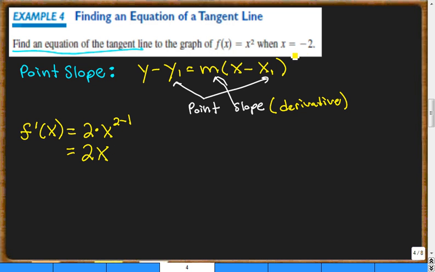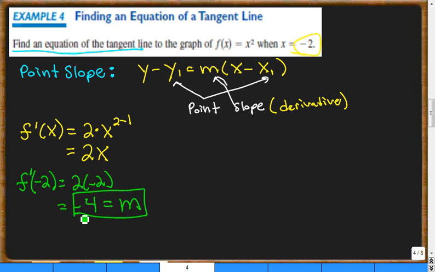So if we plug in negative 2 into here, so we get f prime of negative 2, it's going to be 2 times negative 2, which gives me negative 4. So that is my slope. That's very important. Now we just need to find our point, because we have everything else that we need.